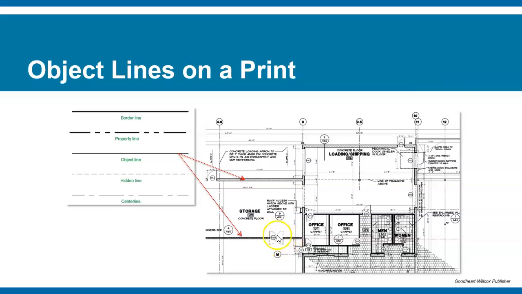But notice that they travel in a semicircle, and they have a solid line and then a hidden line, because it's telling you that although this is a pathway, it doesn't actually travel in that direction. So this door opens inward. This door is intended to swing outward across that solid line's path.